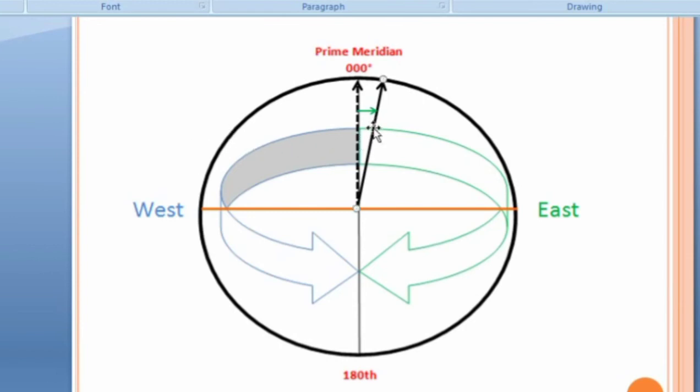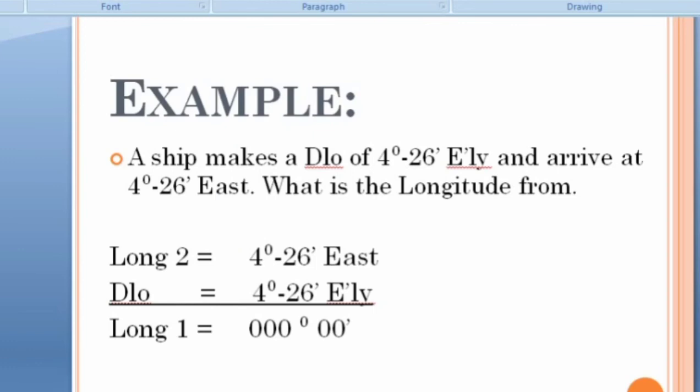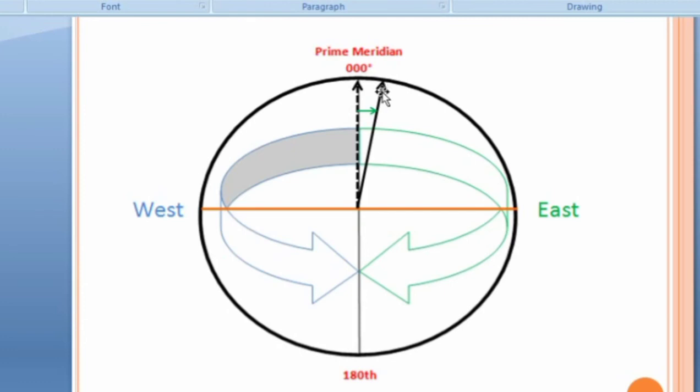So we have this given here, which is 04 degrees 26 minutes east, right? Now we are going to trace where the vessel came from. So we have a westerly difference of longitude. So we are going to trace this one.